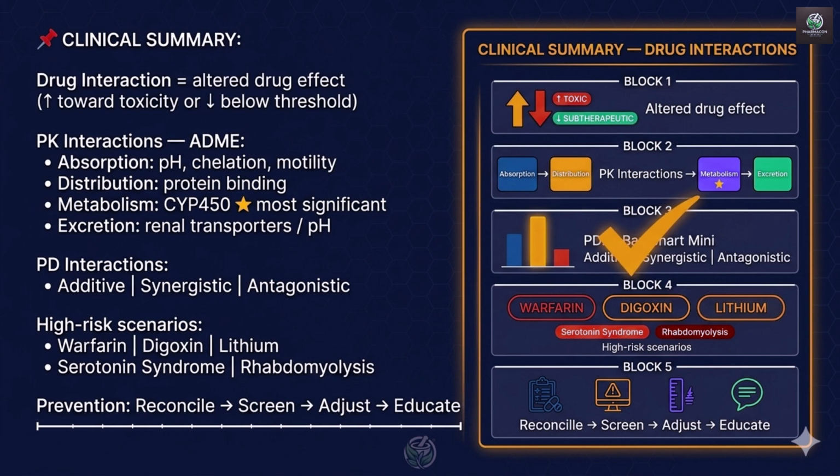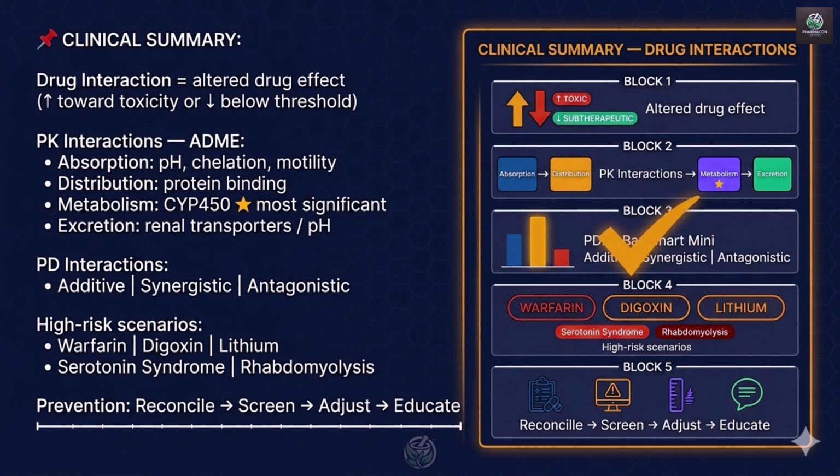Pharmacokinetic interactions act through ADME mechanisms. Absorption interactions via pH change, chelation, or motility alteration. Distribution interactions via protein binding displacement. Metabolism interactions via CYP450 induction or inhibition, the most clinically significant category, and excretion interactions via renal transporter competition or urinary pH changes.